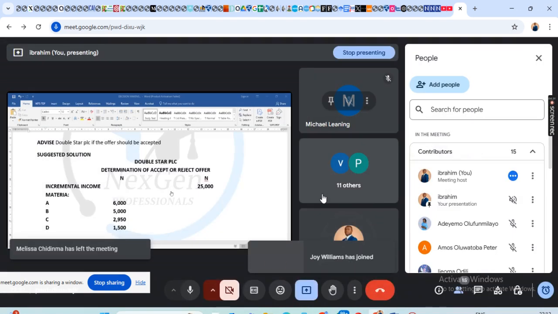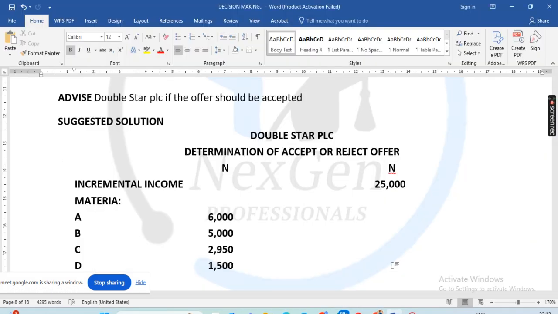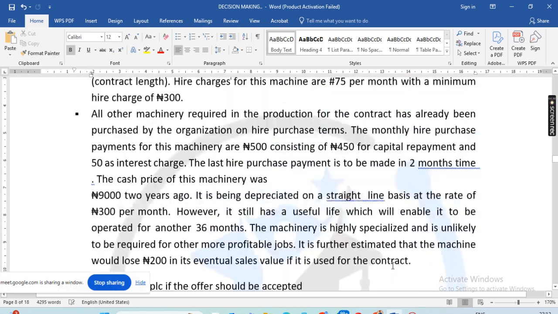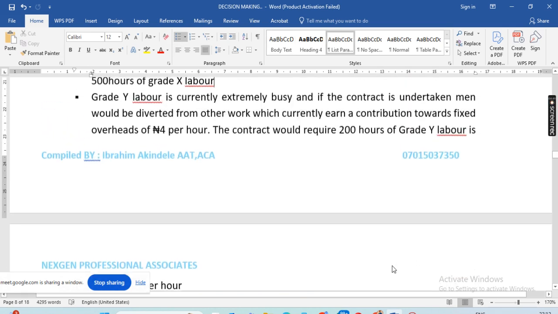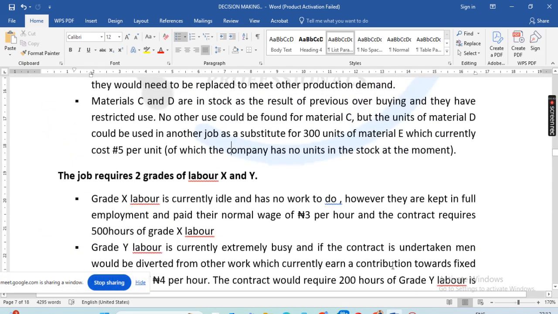So now, if this is established, we move on to the next one, which is labor, right? So now we go there.